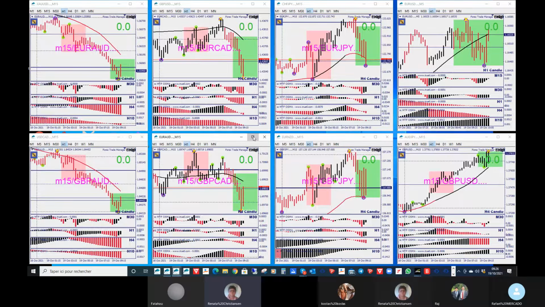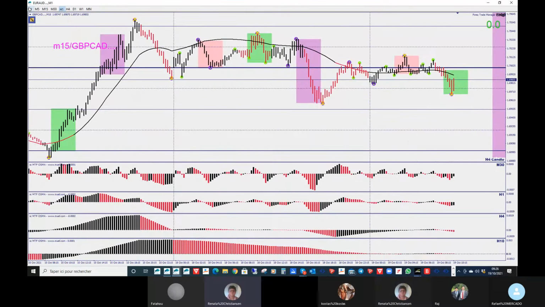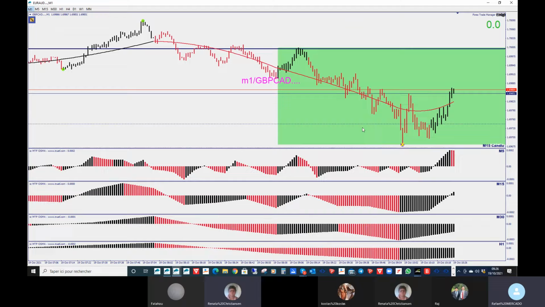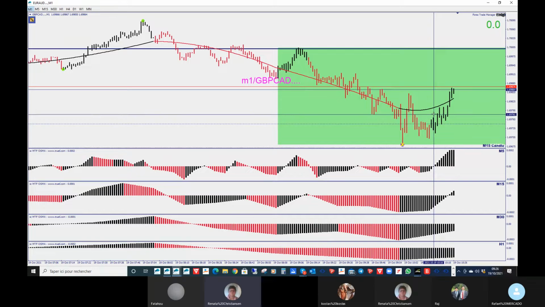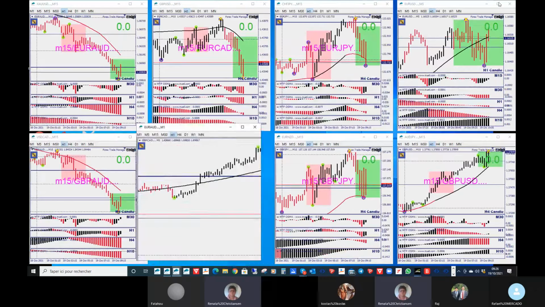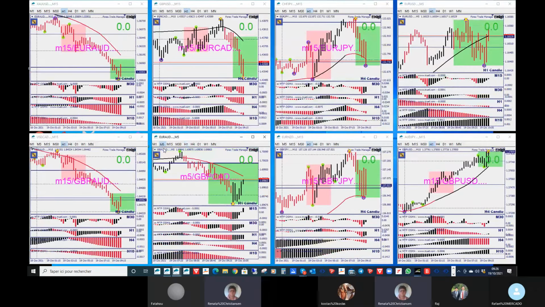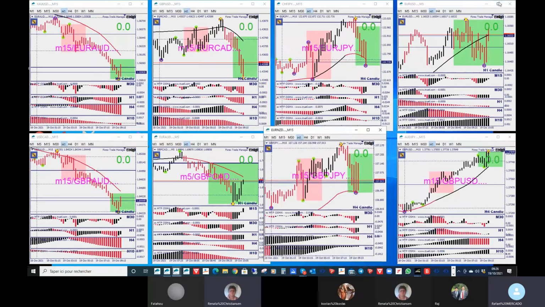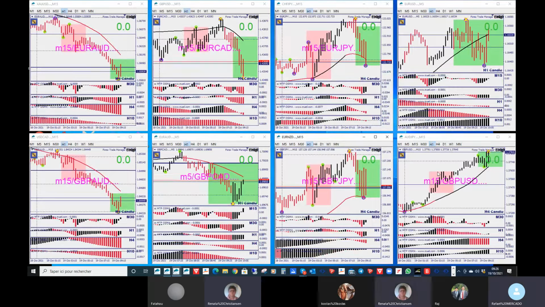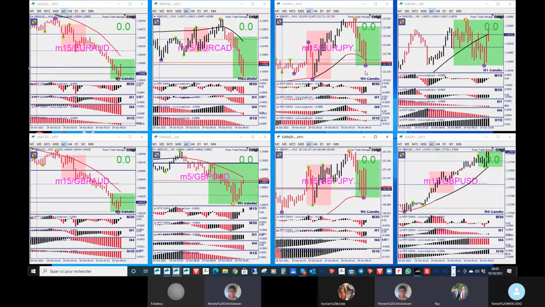And pound got more also. Pound yen looks well, pound yen is ranging. Yeah, yen is playing around. It goes up and down.